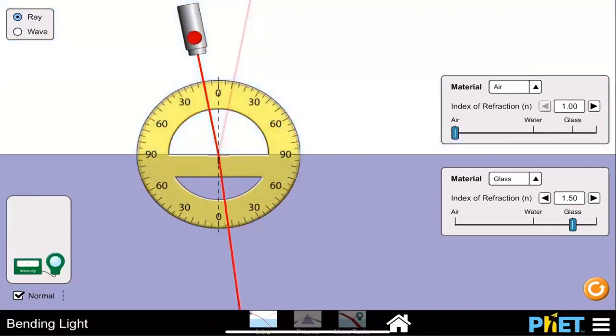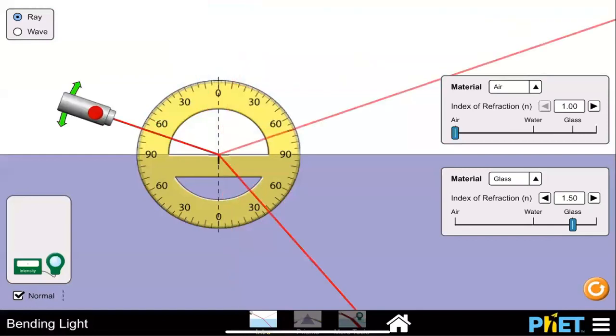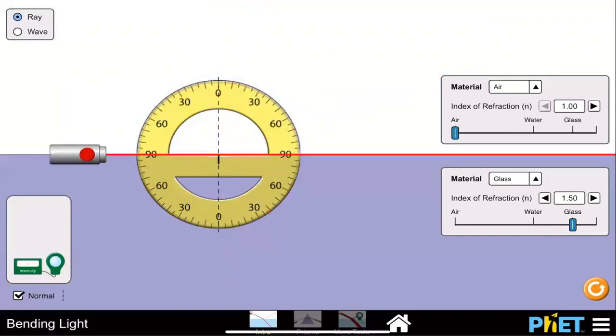We change again to air, so there are other changes that happen. Okay, so let's move on now to the next part of the simulation.